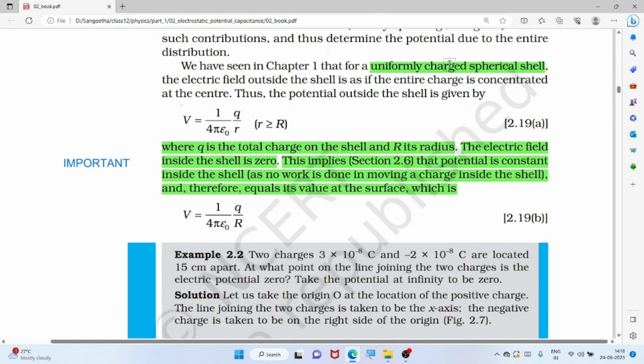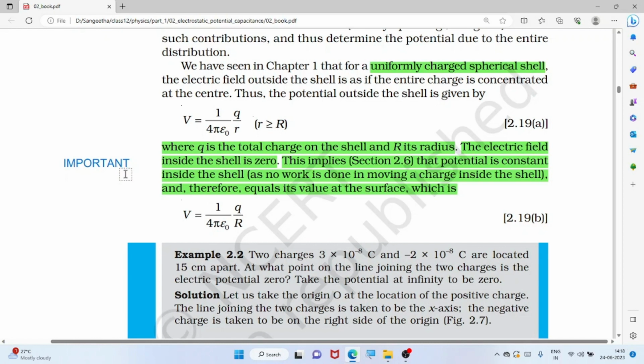For a uniformly charged spherical shell, where q is the total charge of the shell and R the radius, the electric field inside the spherical conductor is 0. This implies that the potential is constant inside the shell, and no work is done in moving a charge inside the shell because potential is constant.